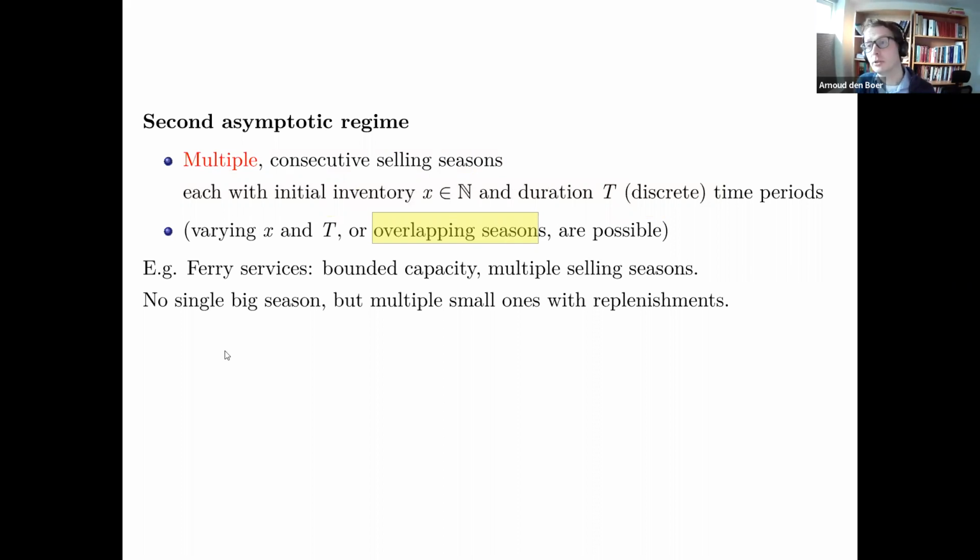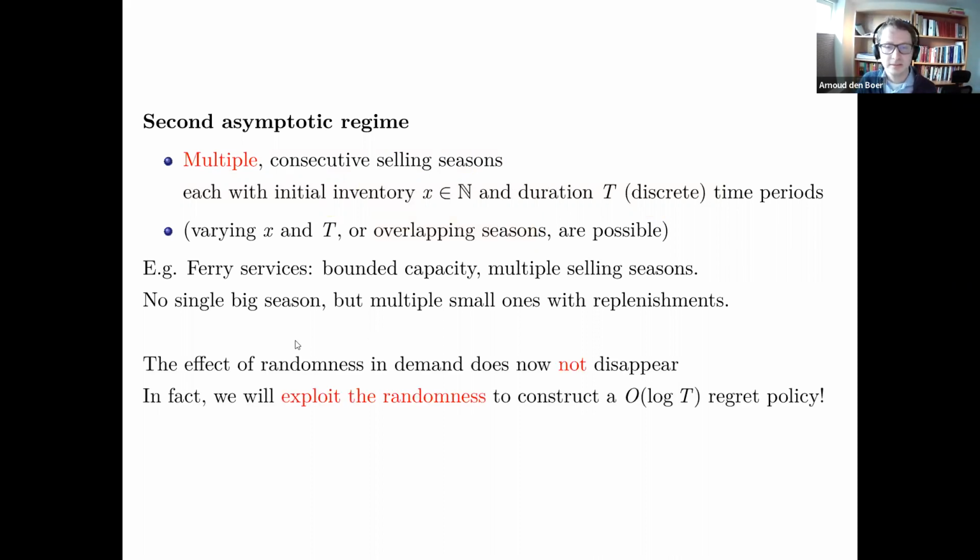Let's see what happens then, because then something interesting actually happens regarding learning. First, we observe that inventory is not large, so the effect of randomness does not disappear. We really have to compare our policy with the solution to the Markov decision problem. We cannot escape that.